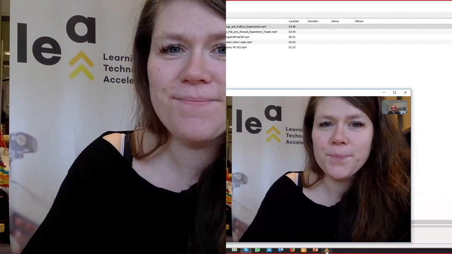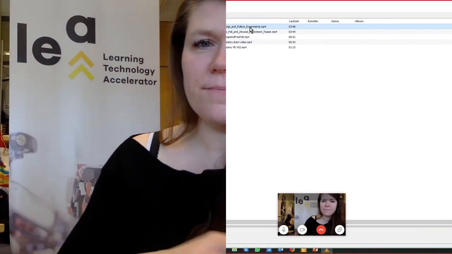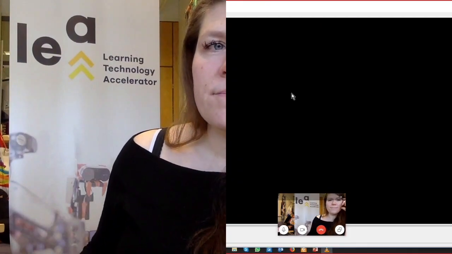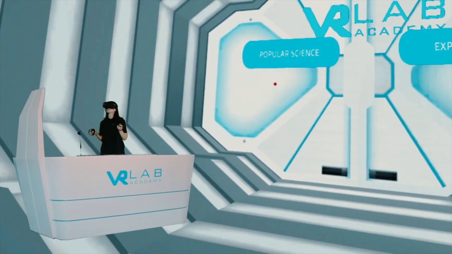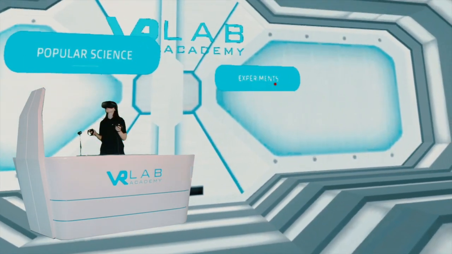Okay, I have to switch you on. You can get the screen sharing. Yes, I get screen sharing now. With a very easy experiment, the springs and pulley experiment, you see here already, this is in real. You see my mouse? Yes.